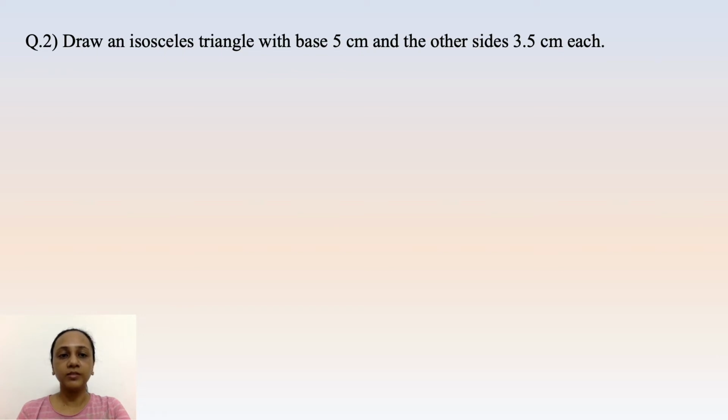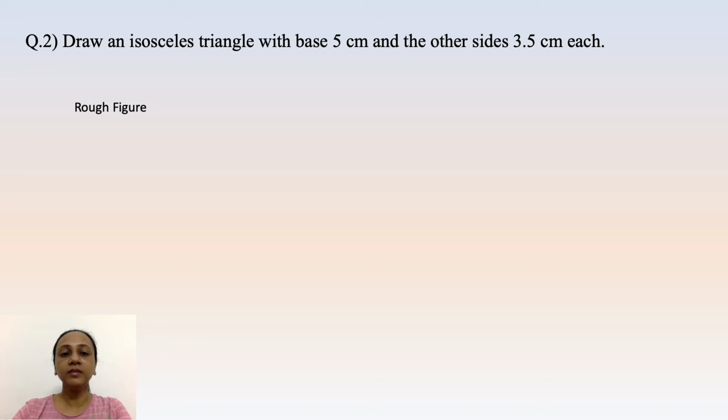In this question, it is given that the base is 5 cm and other two sides are 3.5 cm each. So, now first draw a rough figure. Show the given information in it as accurately as possible.